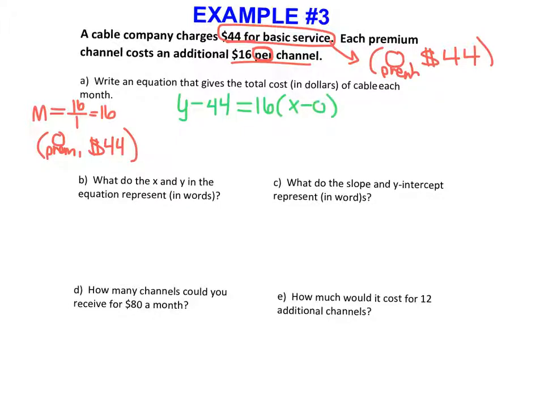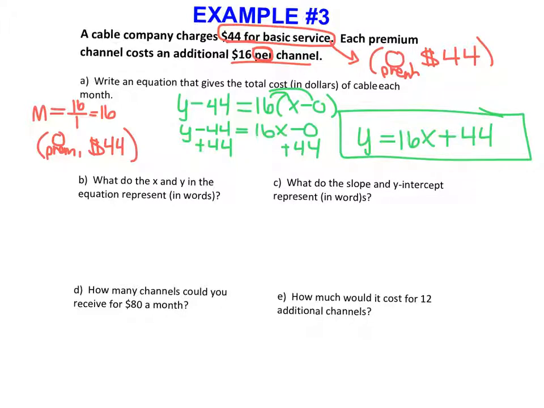So then I'm going to rewrite this equation into slope-intercept form. So I distribute y minus 44 is equal to, we have 16x minus 0. We then add 44 to each side, and in slope-intercept form we end up with y equals 16x plus 44.